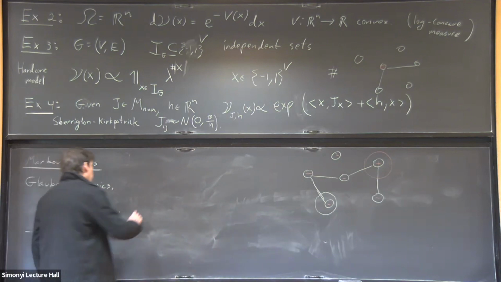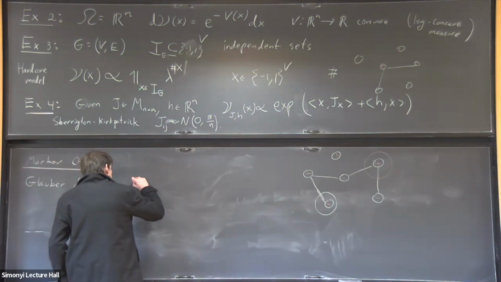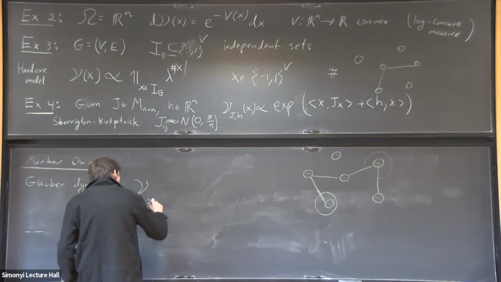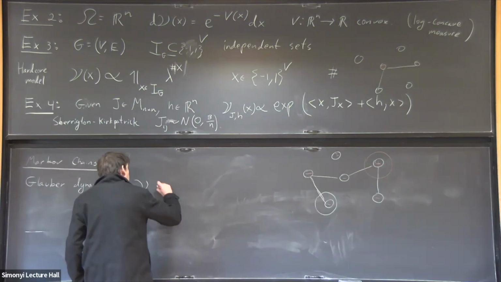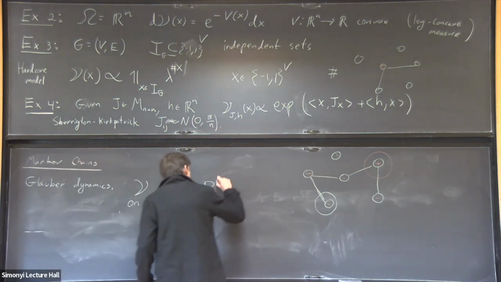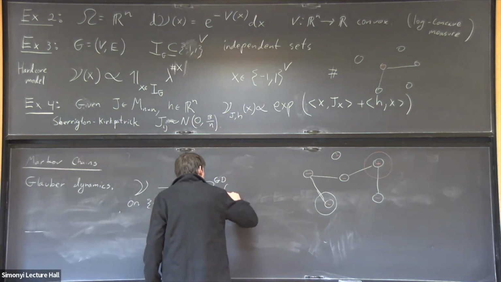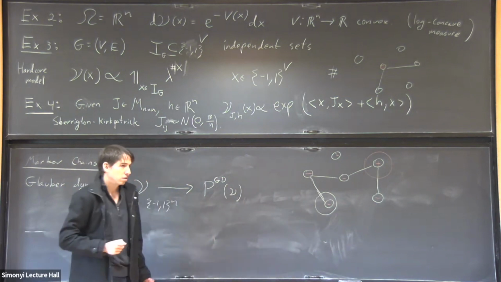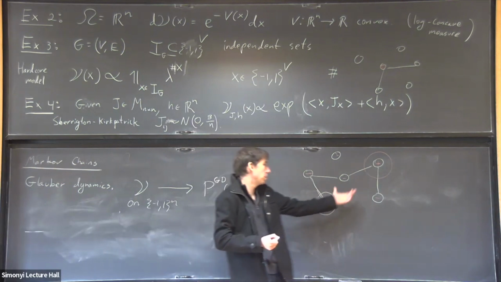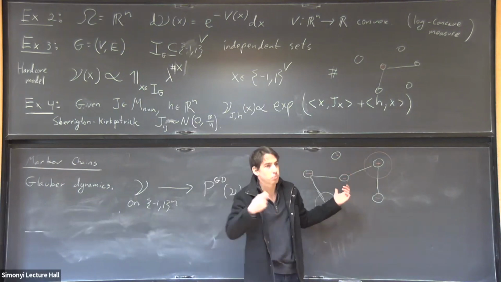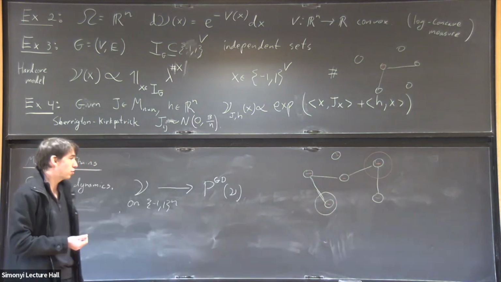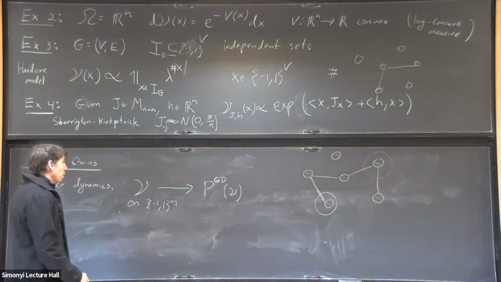So first of all, Glauber dynamics is basically a mapping from probability measures on the hypercube to Markov kernels. Let's call it P_GD of mu. This is just an operator from functions or measures on the hypercube to measures on the hypercube, which describes the transition kernel of the Markov chain.